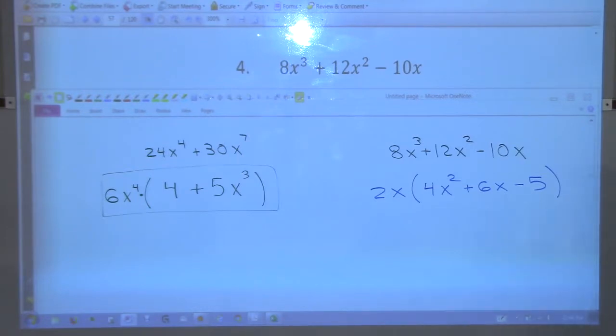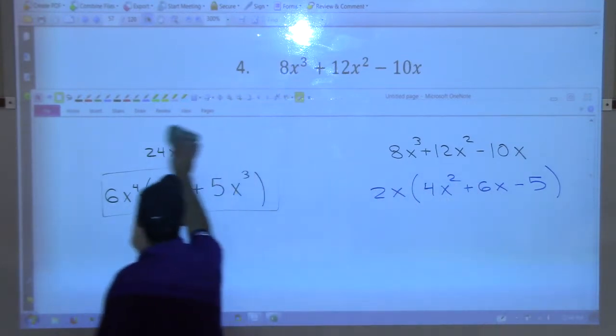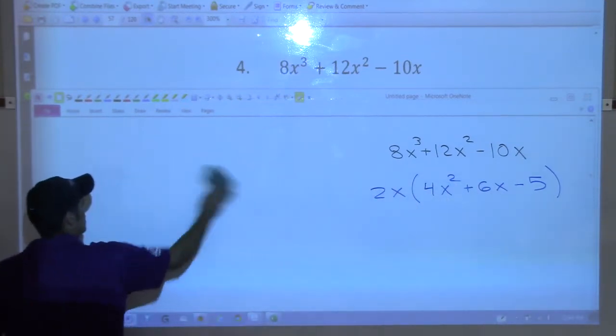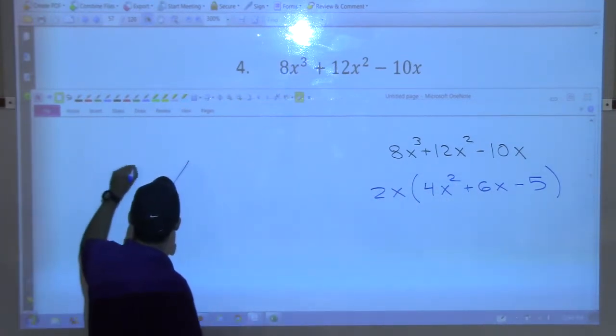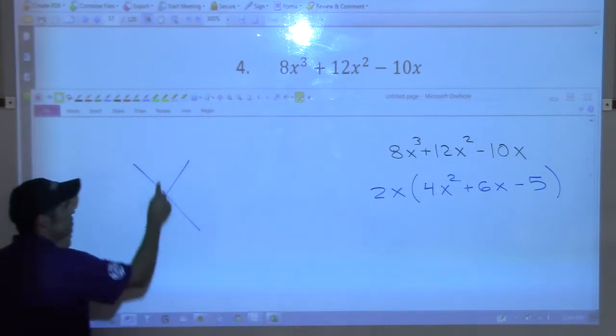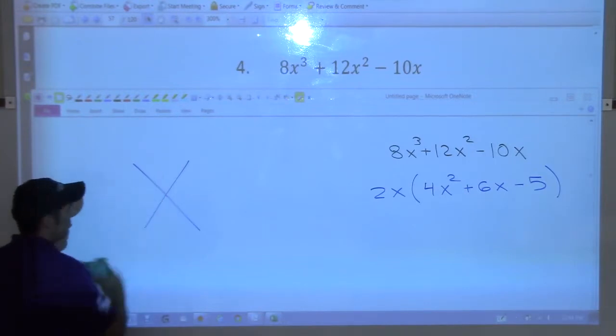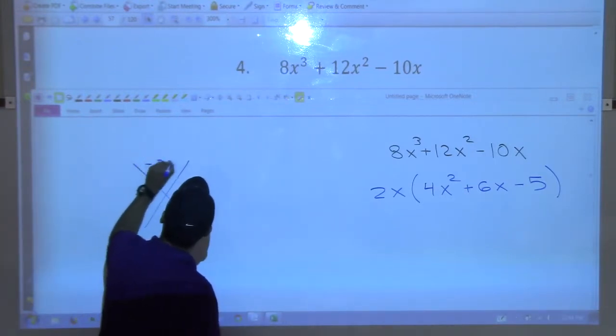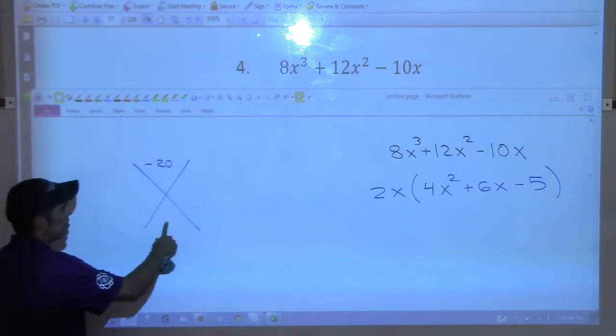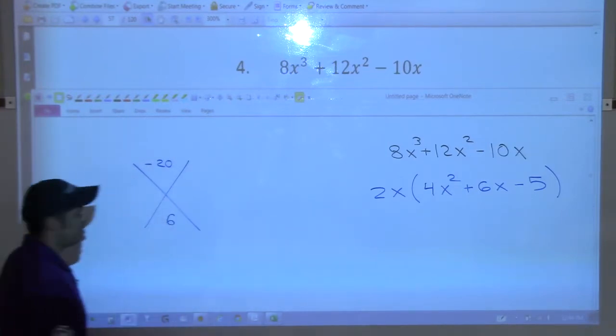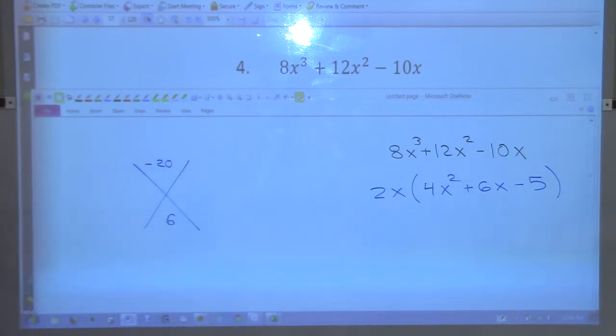So just for the sake of doing the method, let's work through it real quick. Dyson, what would go here if we use this method? Negative 20. And then what would go here? 6.